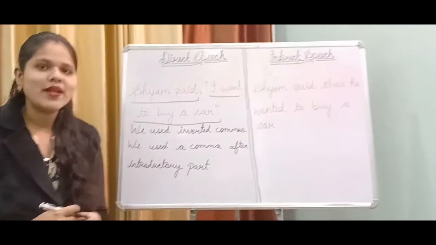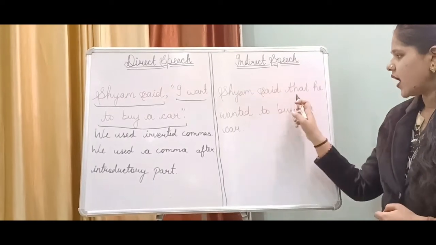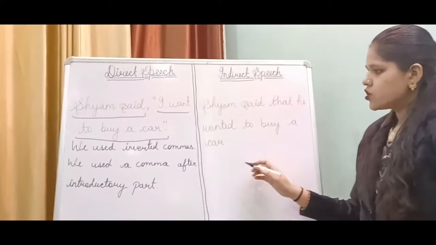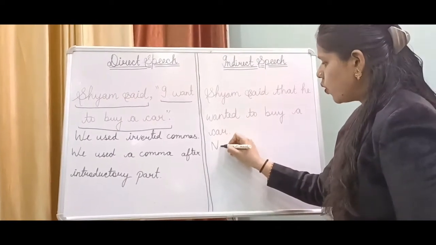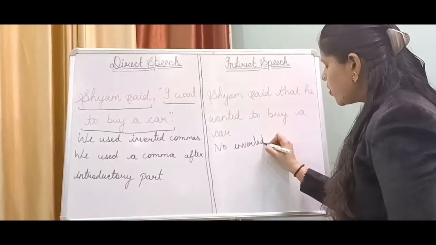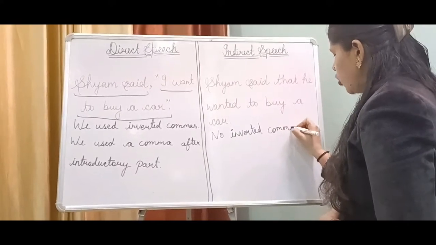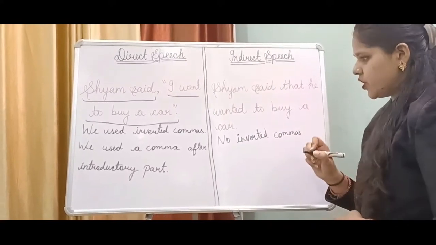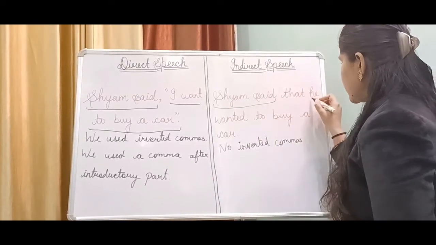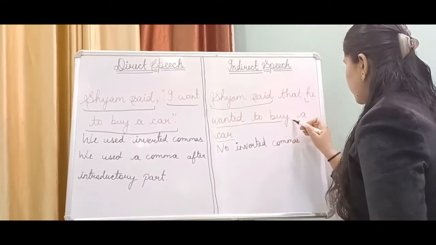Now next we will go to indirect speech. Shyam said that he wanted to buy a new car. So here there are no inverted commas, because we are not using the same phrase used by the speaker. So no need to use inverted commas in indirect speech. This is the introductory part and this is the reported part.